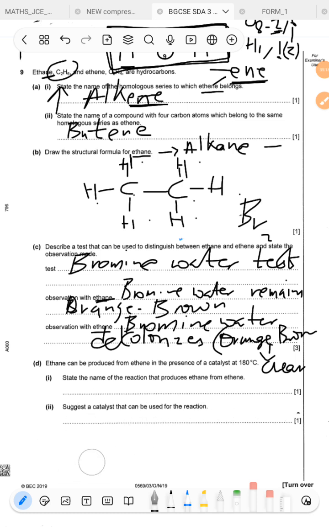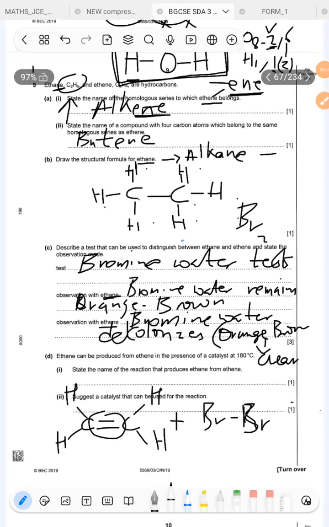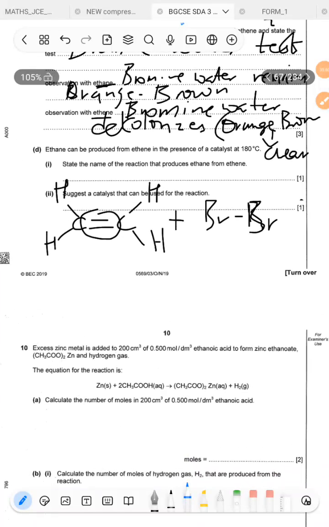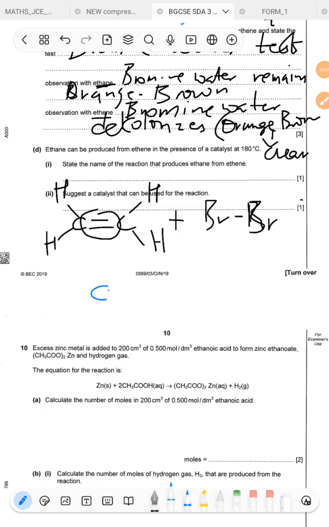However, if you're looking at ethene, which is not a saturated hydrocarbon, it has a double bonded carbon. So you have something like this, and then you react with Br2. This double bond will be converted to a single bond, and when you do that, you create an extra space.